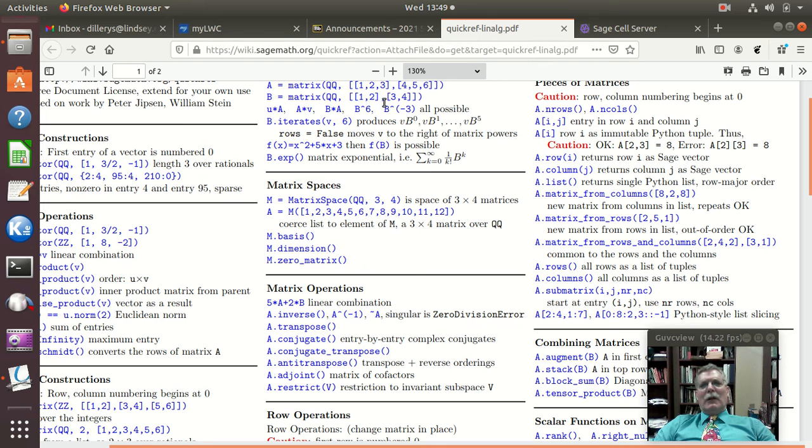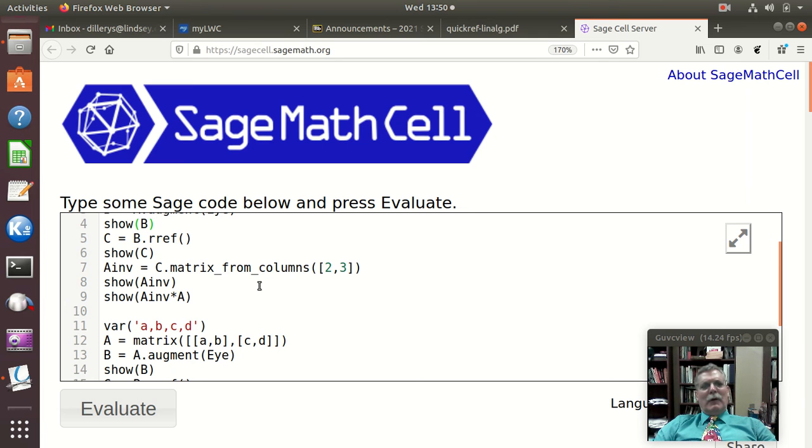And again, remember the numbering of things starts at 0, and so I wanted the last 2 columns of a 4-column matrix, so they go 0, 1, 2, 3. So I wanted columns 2 and 3 to get my A inverse, and then I show that, and then I also show A inverse times A.